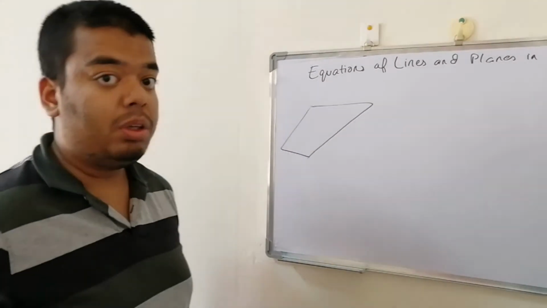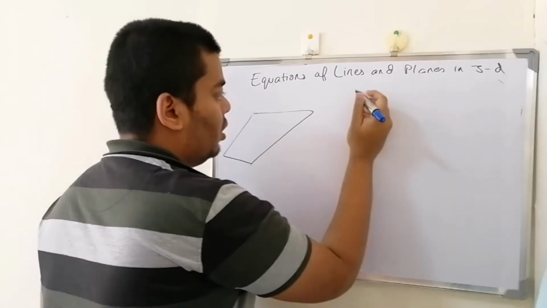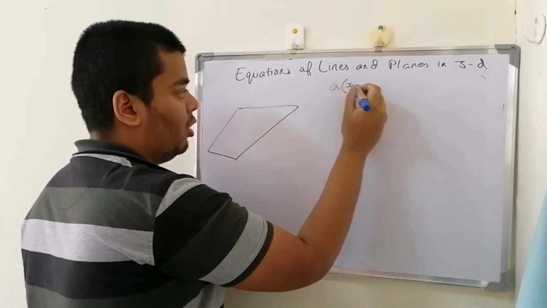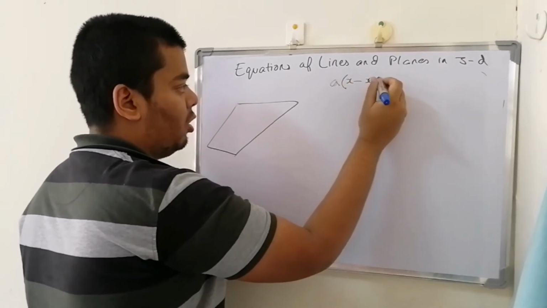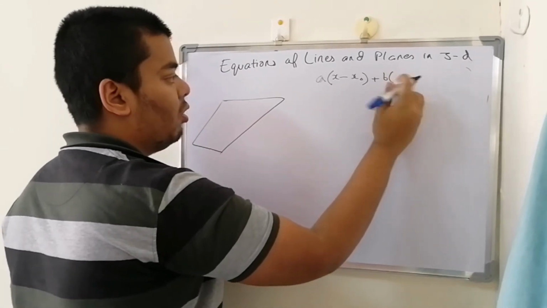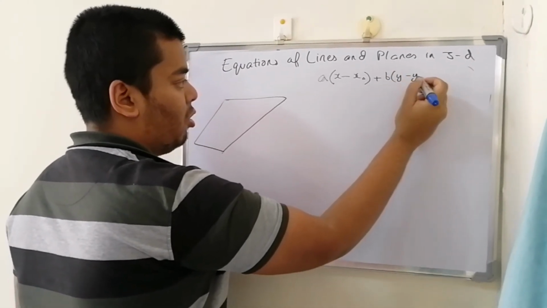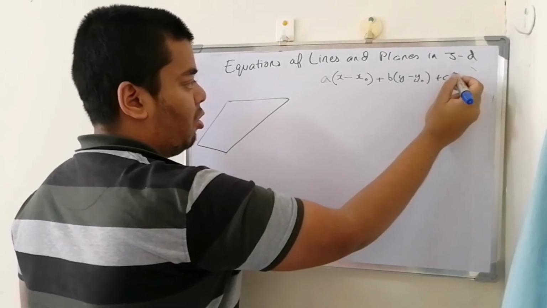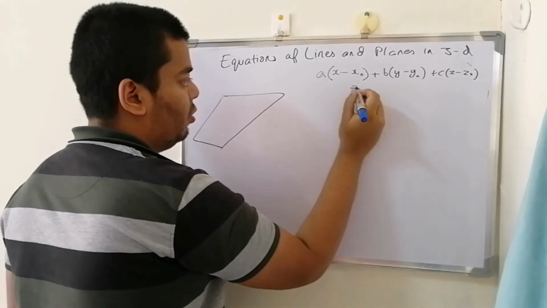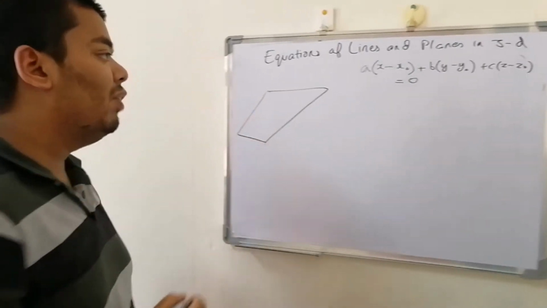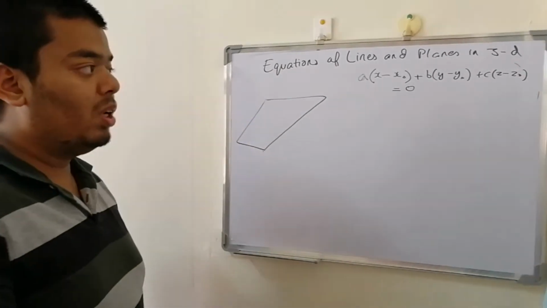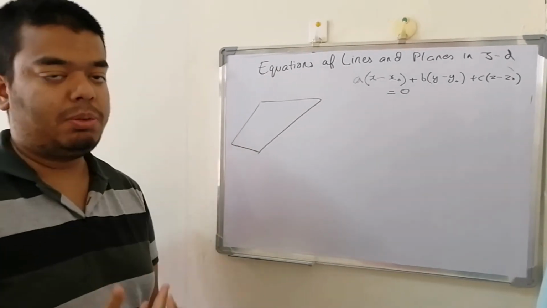But we know the general equation of the plane, which we derived a few minutes ago, is equal to 0. We derived this equation as the scalar equation of a particular plane, which we didn't know a few minutes before.